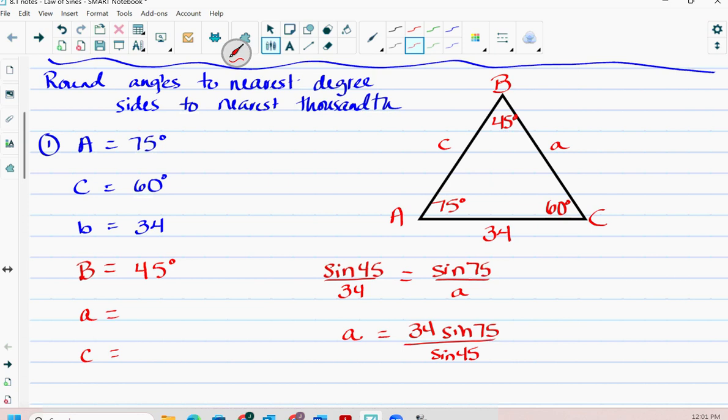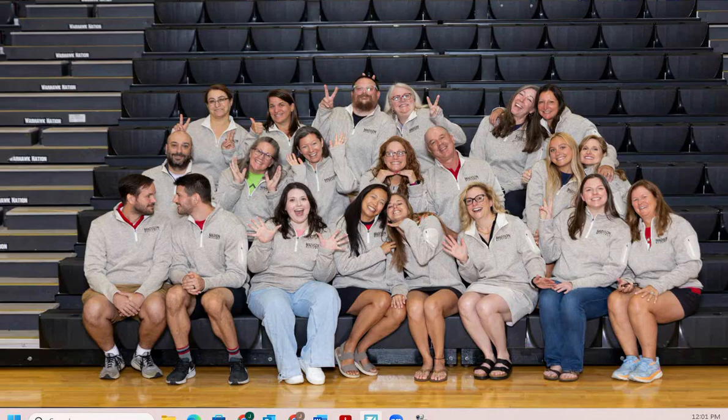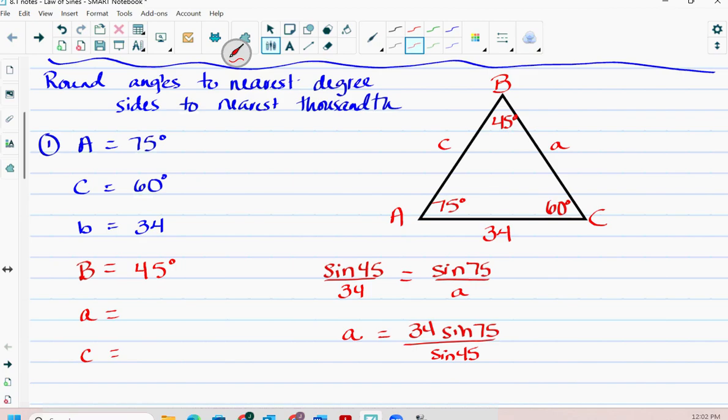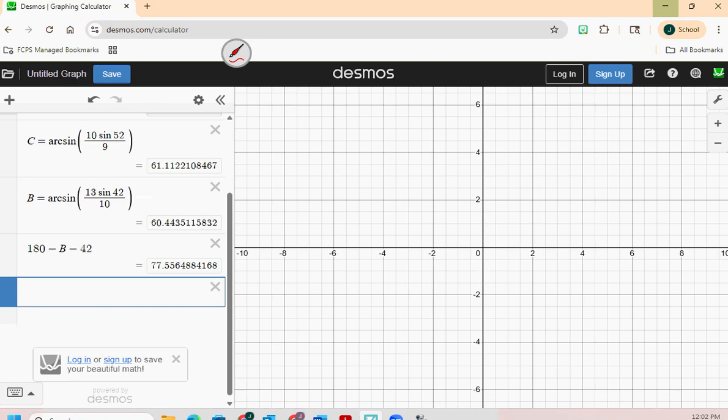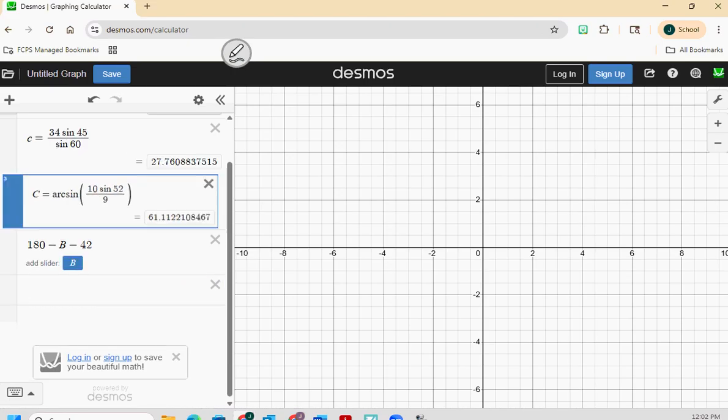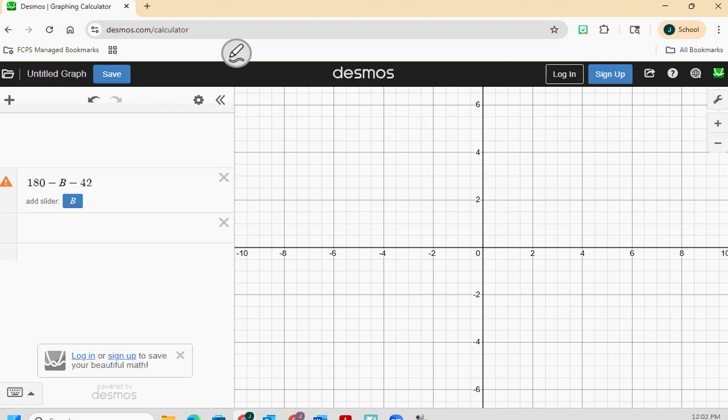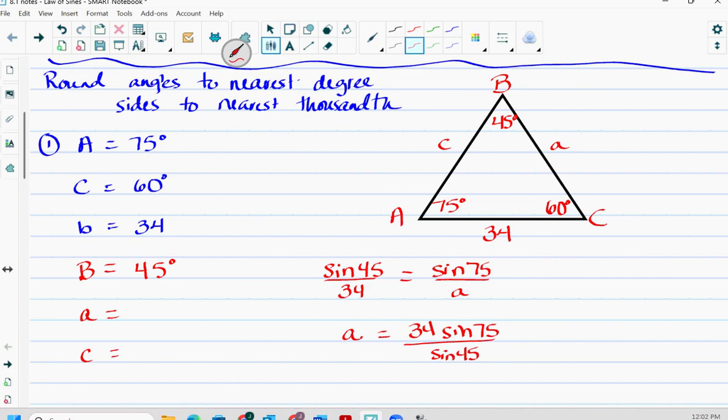Okay, you get to use Desmos the whole time in this unit. So I'm going to go ahead and open that up. Desmos makes it really easy to store values, which you're going to need to do.